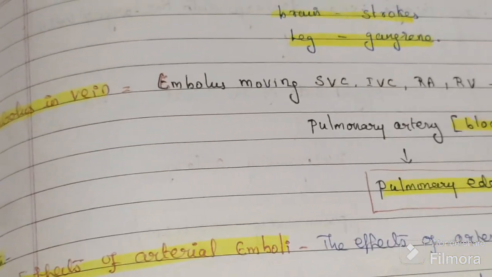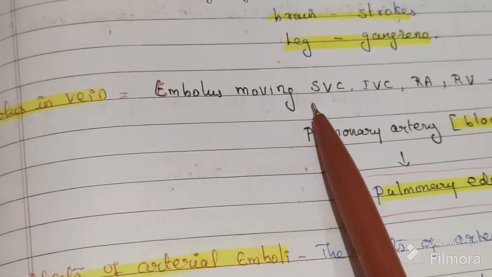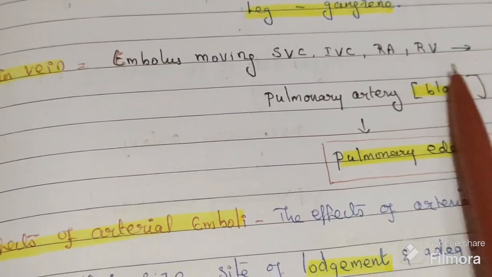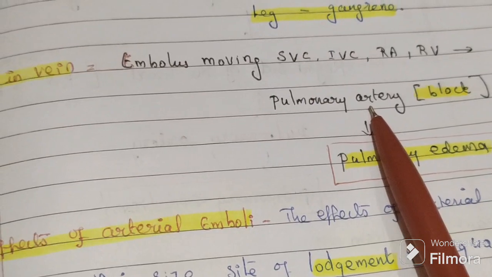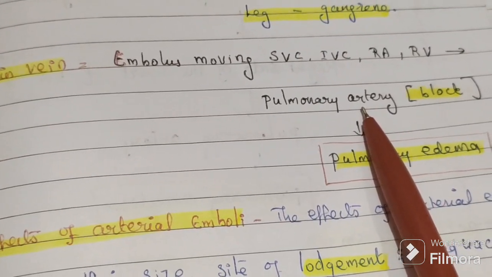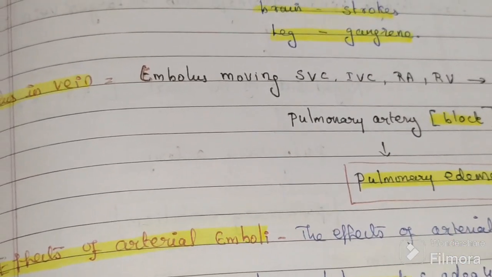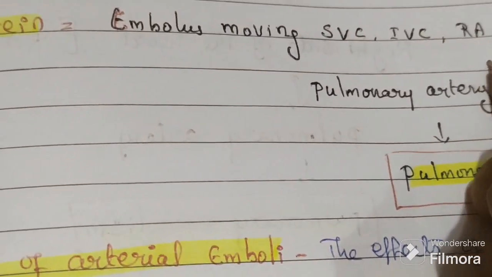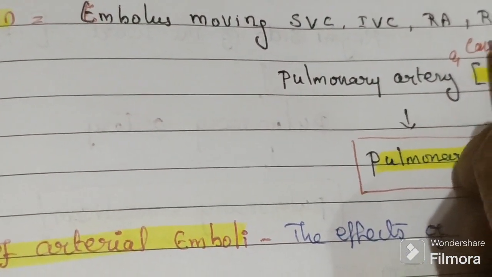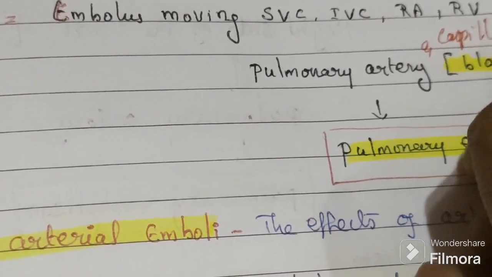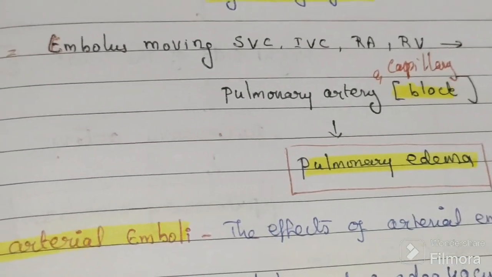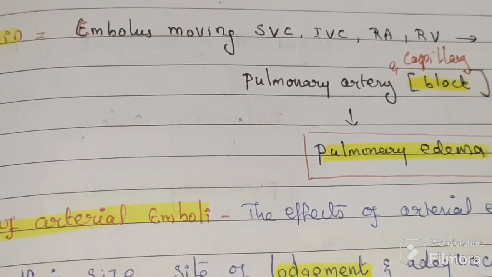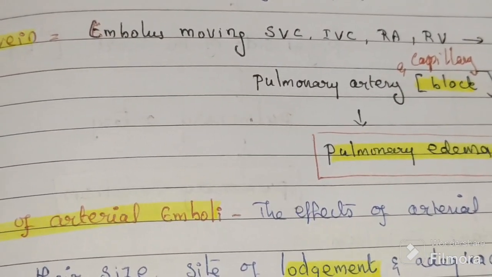The embolus moves through the SVC, IVC, right atrium, right ventricle, then the pulmonary artery and capillary. In the capillary it leads to blockage, so basically it causes pulmonary edema.